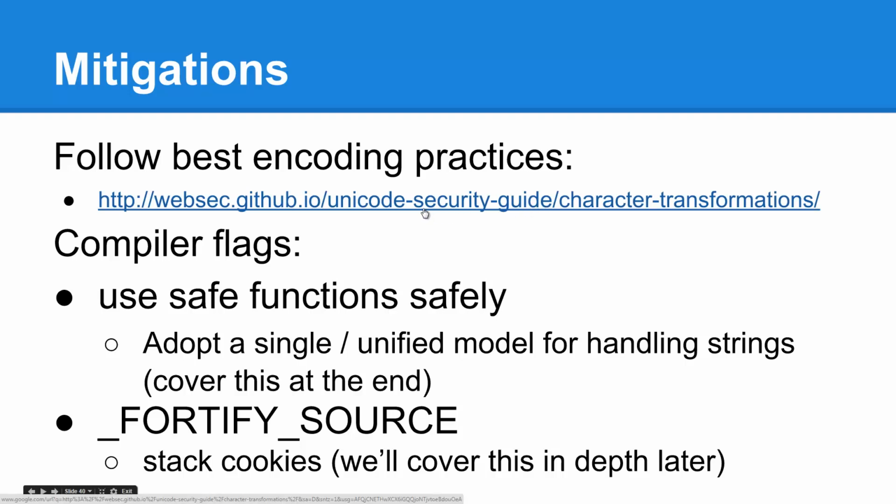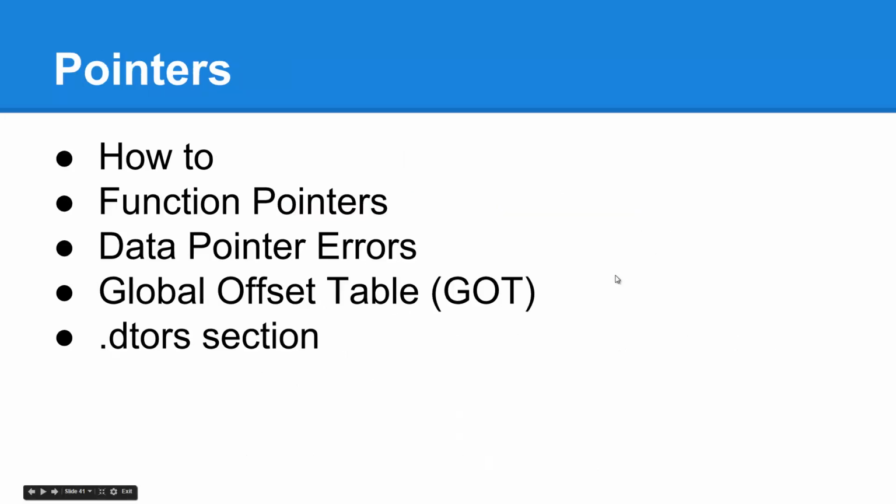If you do have to work with multiple character sets, this is a pretty good guide for character transformations. And then there's also compiler flags that will help you determine which functions are safe to use, and you can use a single unified model for handling strings. And there's other flags like fortify source, and stack protector is typically on by default nowadays.